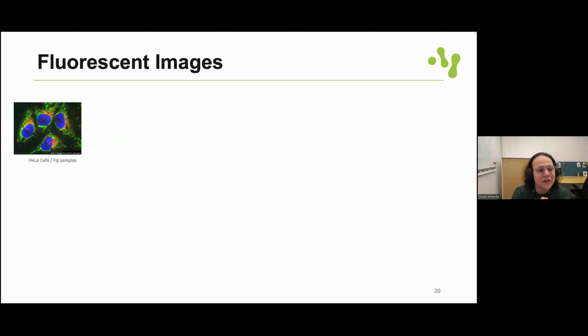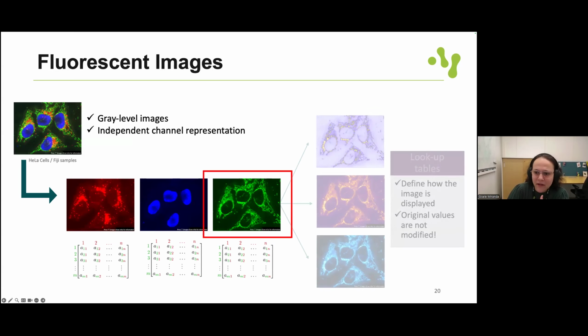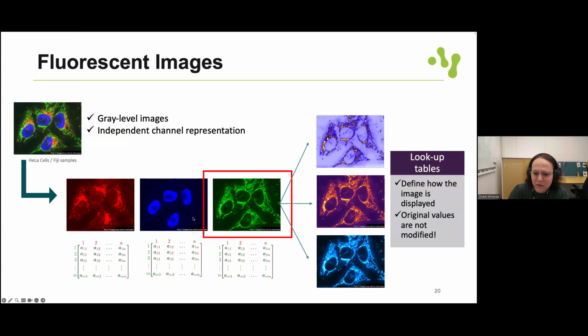When we talk about fluorescent images, different from the color images, here we are talking about independent channels. And the color we have here is just a representation. Actually, they are gray level images, so you can treat them completely independently of each other. Still, we have the same matrix representation for each of them, but what this means is that you can represent this image with different color coding schemes, what we call lookup tables.